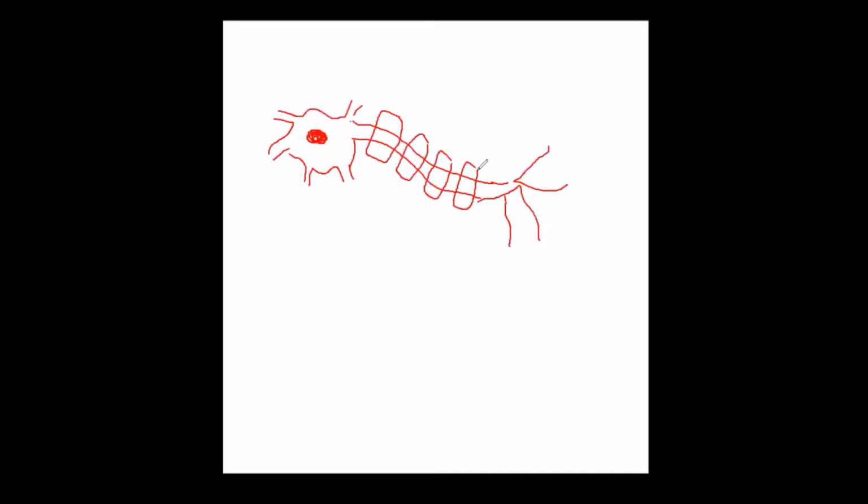I've injured it in some way. So for it to be a little clearer, I'm going to change the color here, and I'm going to highlight this area here. So we'll say that this area here has actually got a little bit of an injury. So we'll say it's kind of rugged here between the myelin sheaths. So we'll say that's an injury.